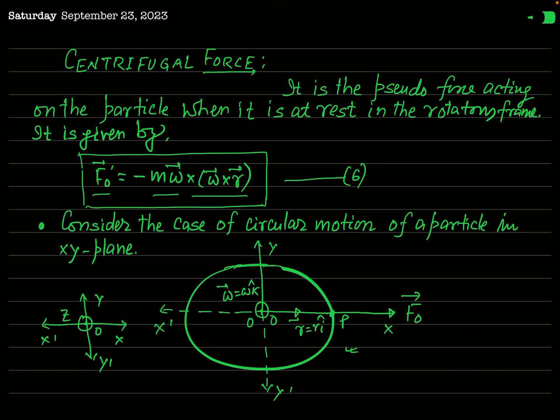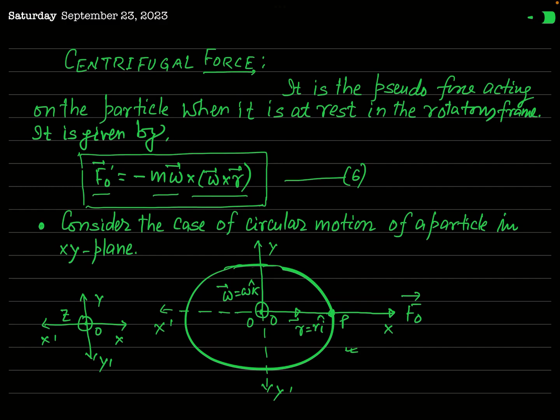The motion of this particle can be described in two frames. The first frame you may consider fixed at the origin or at the center of the circle, and that is an inertial frame. In that frame, no centrifugal force will act on the particle. Okay, no pseudo force.